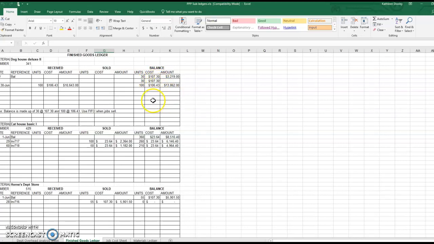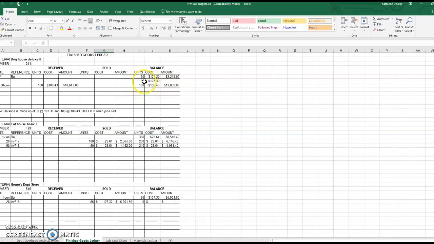On June the 30th, when we received these new 100 units, I now had this separated into 2 lines rather than trying to squeeze it all on one line.